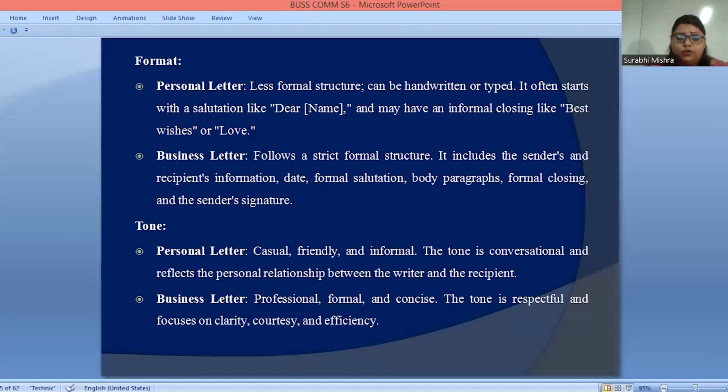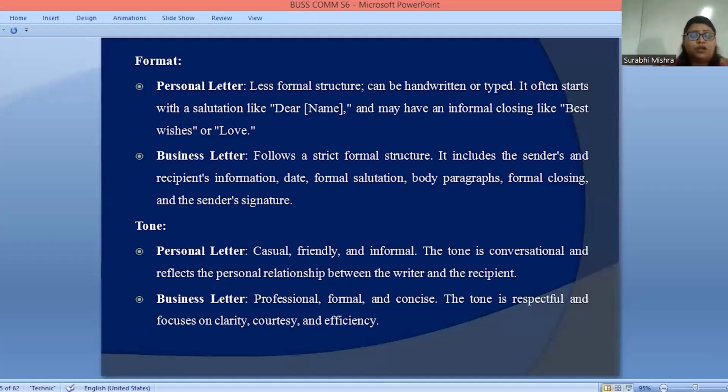The next is the tone. In a personal letter, we use a casual, friendly, and informal tone. The tone is conversational and reflects the personal relationship between the writer and the recipient. But in a business letter, it's totally opposite: professional, formal, and concise. Personal letters are more subjective in nature as compared to formal letters, right?